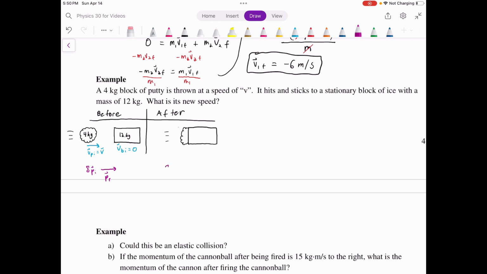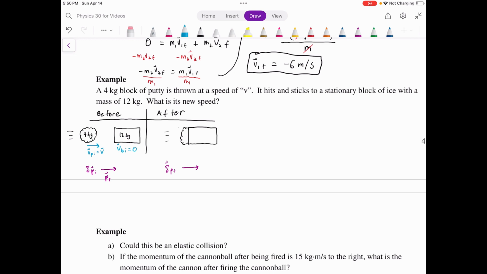So the total momentum final will be similar. It'll be not similar, it'll be identical. Whoops, it looks like I drew it a bit too big there. Okay, so what we're trying to figure out is what is the velocity of this system now? The putty and the block move together as one object.